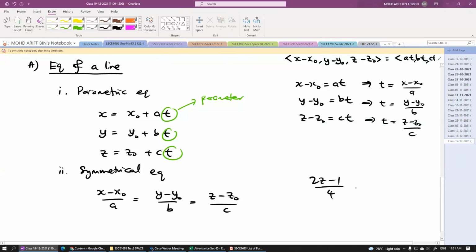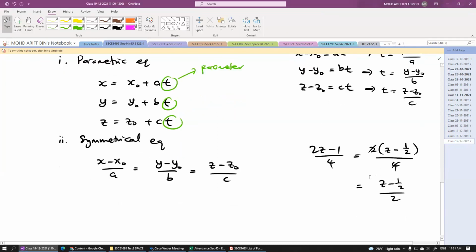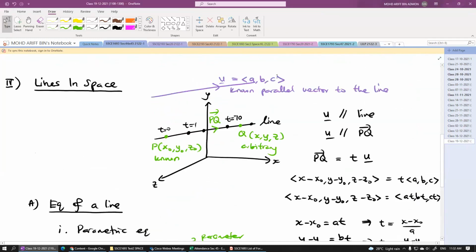Factorize the 2 so that z has a coefficient of positive 1, then minus 1 over 2, divided by 4, and rearranging you get z minus half over 2. Now you get the general form exactly as here. You can know your z naught and your c, because c is part of the parallel vector and z naught is part of the known point.